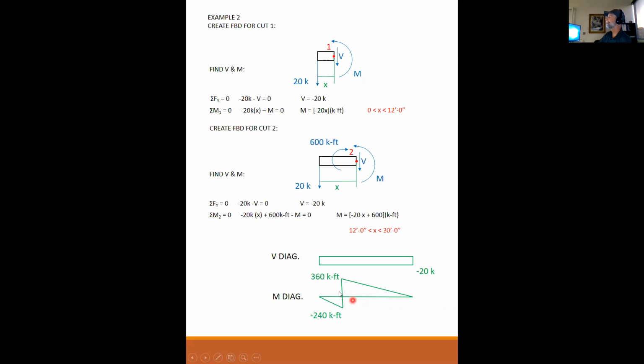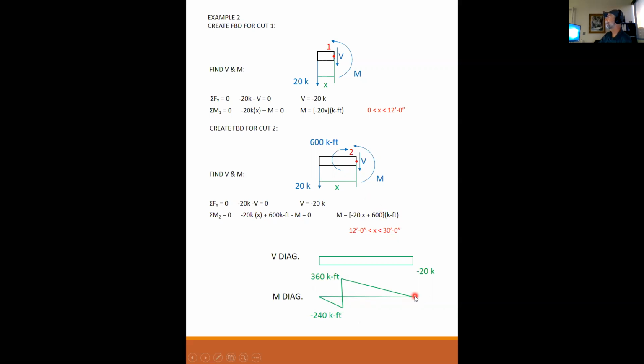And if you notice, 360 plus 240 is 600. So the applied moment was a positive 600 kip feet. The internal moment jumped up 600 kip feet. And then finally, if I plug in 30 feet into here, then minus 600 plus 600 is equal to 0.